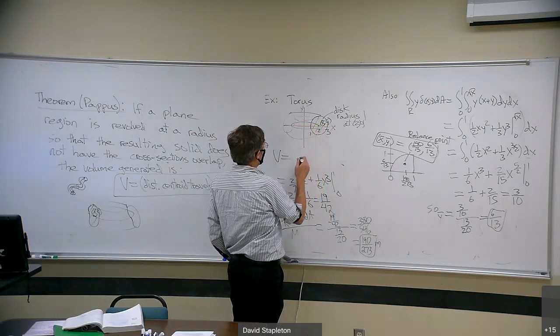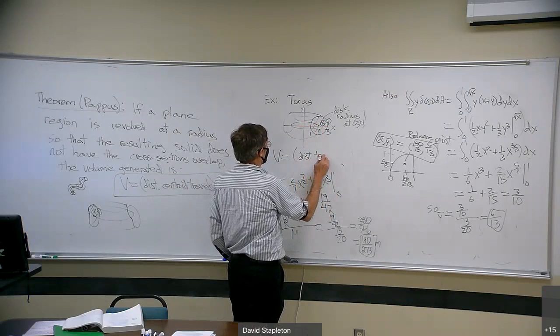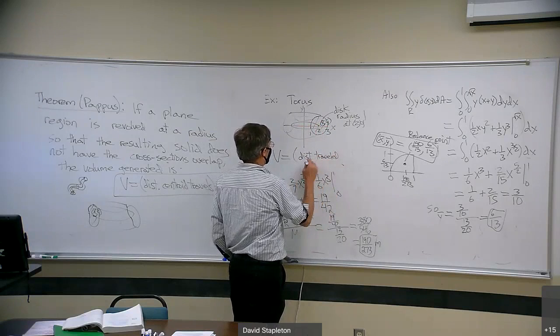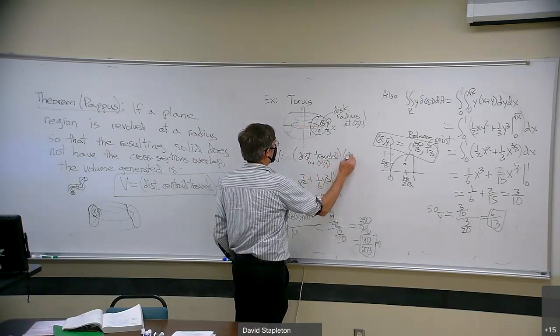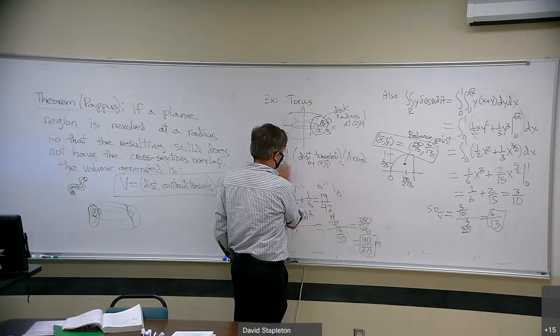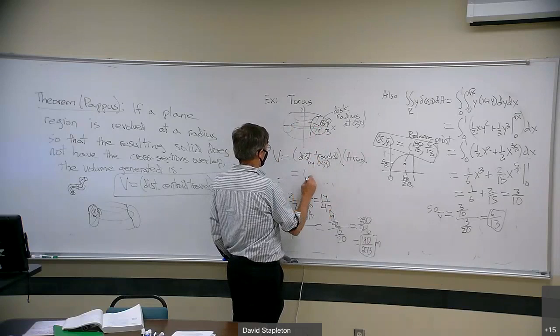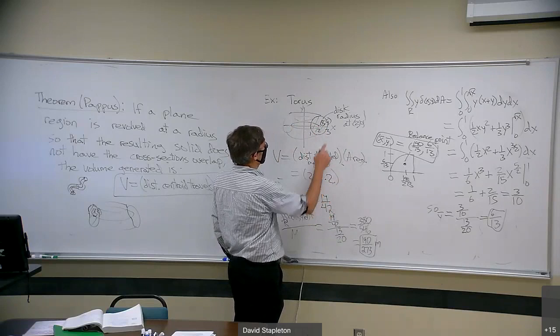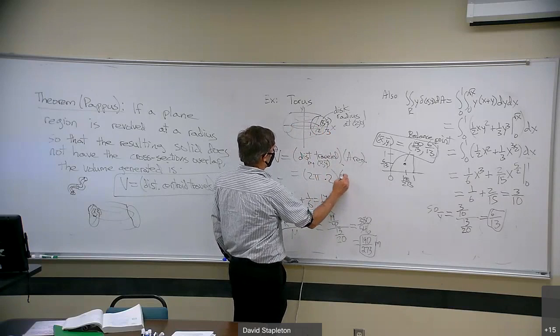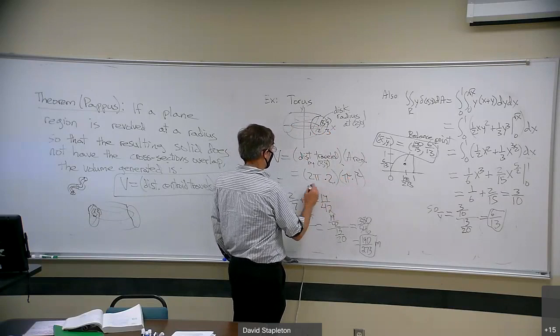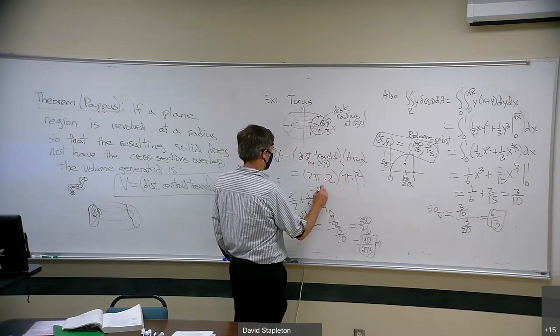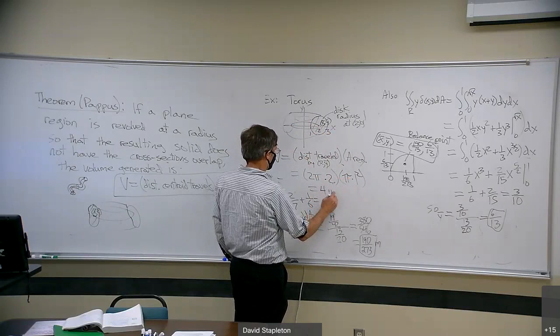The volume is the distance the centroid travels multiplied by the area of the disk. The distance the centroid travels, since it's a circle, is 2 pi radius, and the radius is 2. The area is pi r squared, and r is 1, so it's pi times 1 squared. And we just get that the volume of the torus is 4 pi squared. How about that?